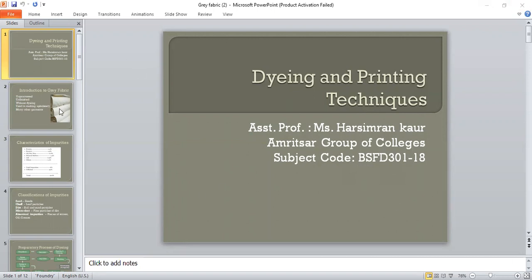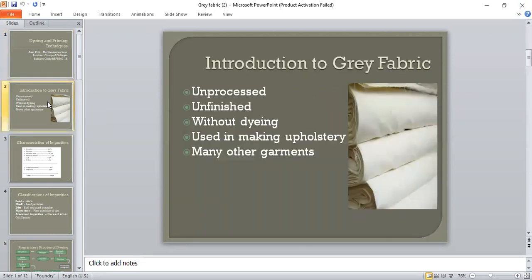So our first unit is introduction to gray fabric. What is gray fabric? Anybody knows what is gray fabric?